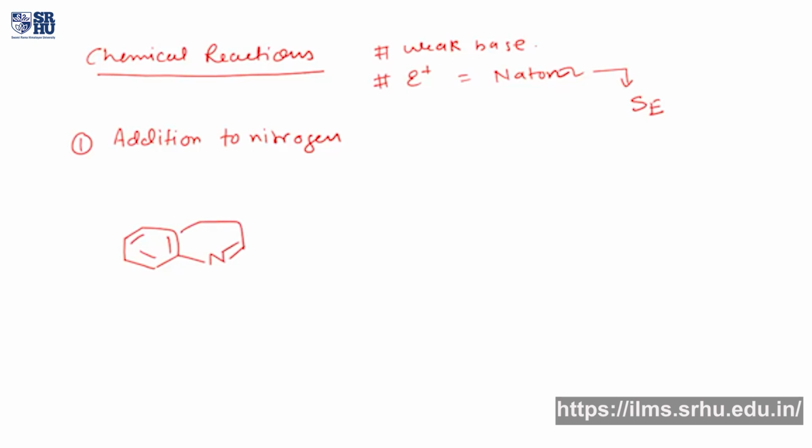Like if you react it with HCl, the proton will be accepted by this nitrogen because this nitrogen is of a pyridine kind of nitrogen. It is having a lone pair of electrons which it can easily give to this hydrogen, and it can acquire positive charge. So a salt can be formed.